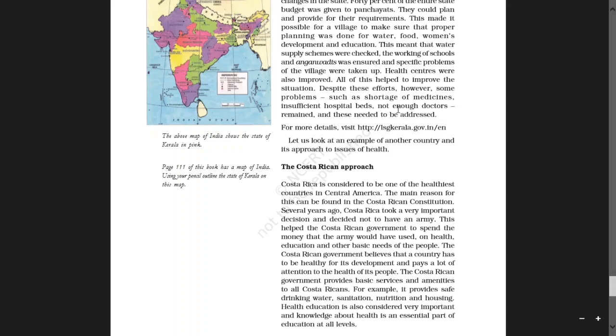Even though 40% of the entire state budget was given, these problems popped up, and it is required to fulfill all these necessities.